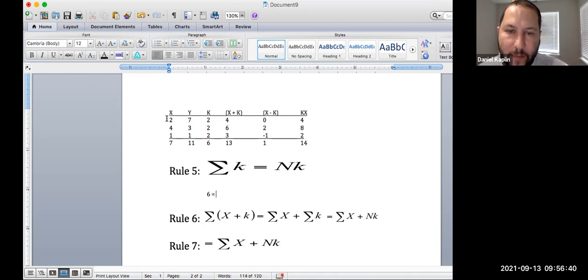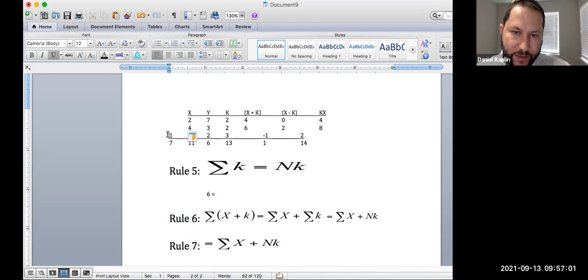Well, n is the number of participants: 1, 2, 3. Right. So really, you know what I'm going to do? I'm going to do tab, just move it over and label it as participants so you can see.